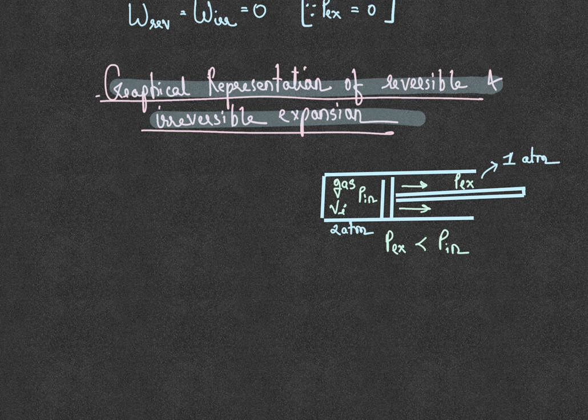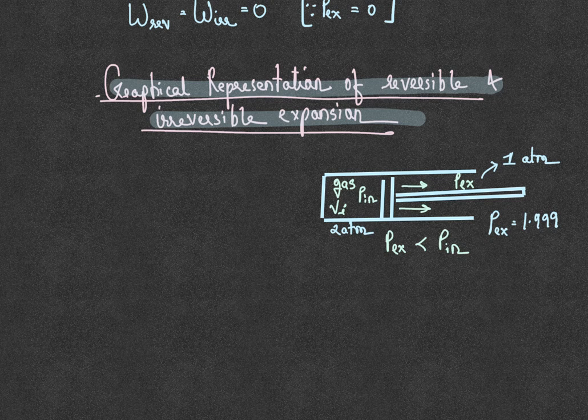But if you want to carry out a reversible process, in that case P external will have to be, let's say, 1.999. The piston moves out a little and then reaches equilibrium.